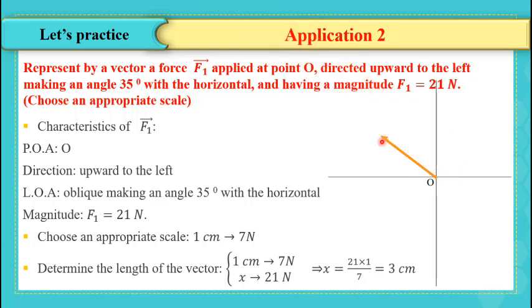Now, you need to take care to write the name of this vector, which is F1 vector, beside the vector itself, and don't forget to put the head of the vector, since the force is a vector quantity and it is represented by a vector, not a segment.